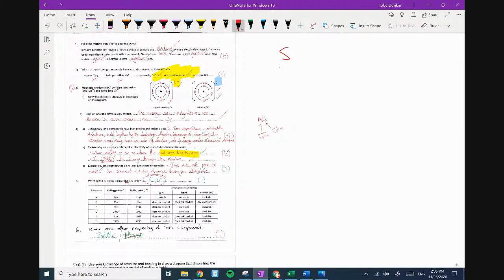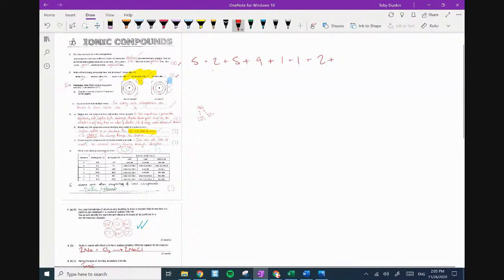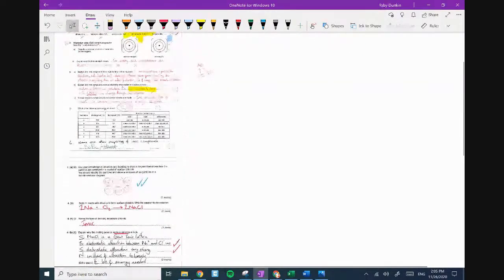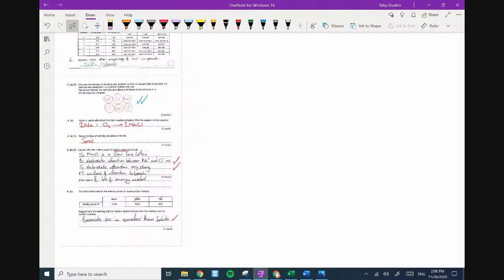Right, total marks. I don't like doing that. 5 plus 2 plus 5 plus 5 plus 4 is 9, plus 9, plus 1 plus 1, plus 2 plus 1 plus 1 for ionic, and then 2 for number 4, and then 1.